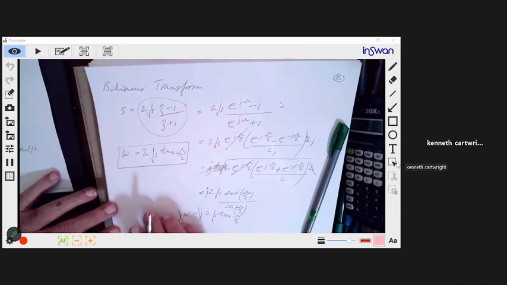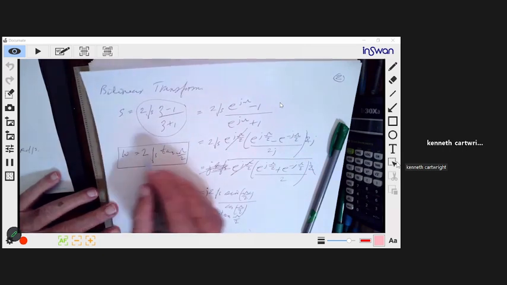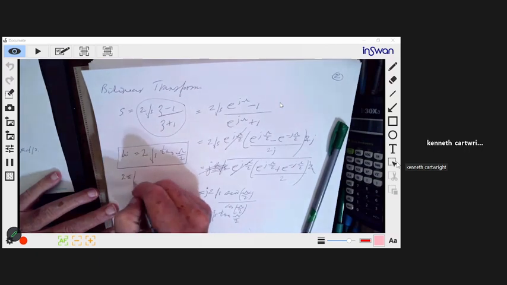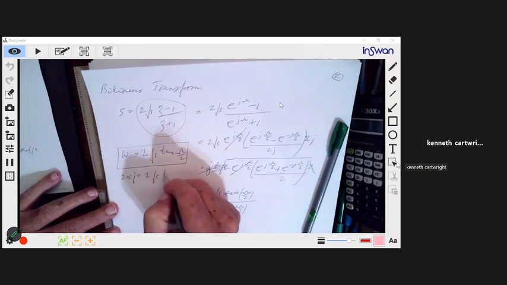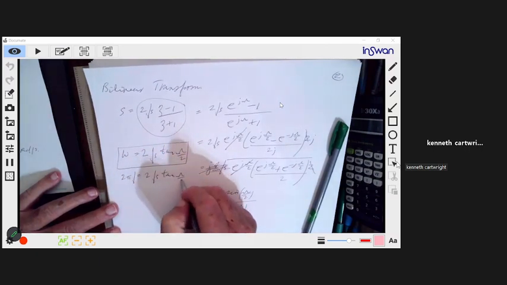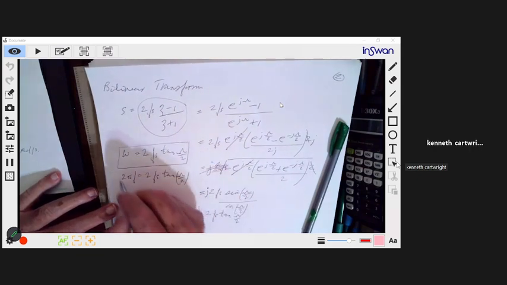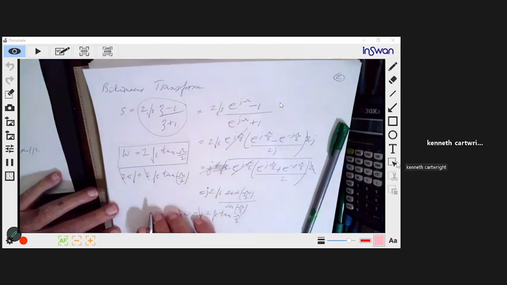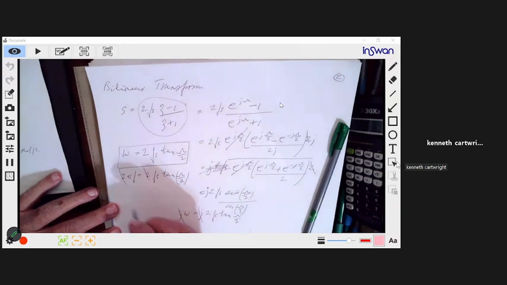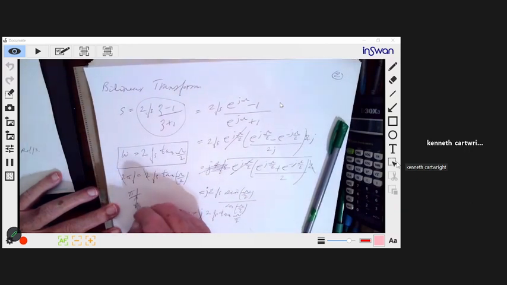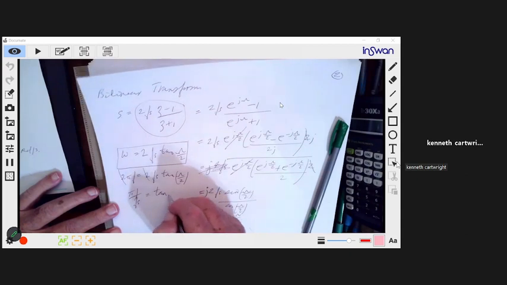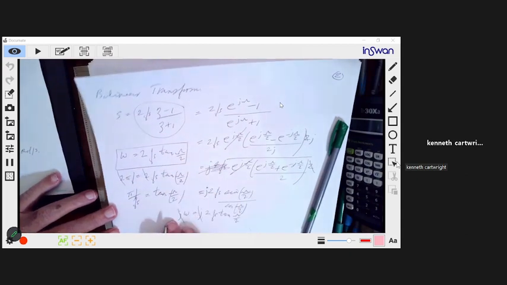Now, this is not to be confused with, let me rearrange this, 2 pi f equals 2fs tan omega over 2. So that 2 cancels that 2. So pi f over fs equals tan omega over 2.